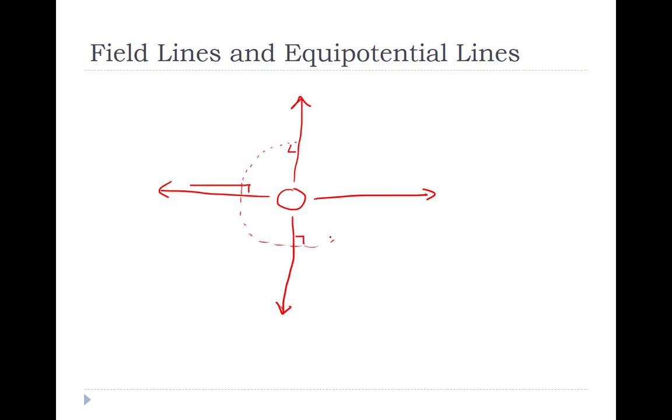It comes back to that cosine. If I'm not perpendicular to the field, then I have moved with the field, and because I have moved with the field, I have experienced a change in potential, a change in energy. Okay. So field lines and equipotential lines are always perpendicular to each other.